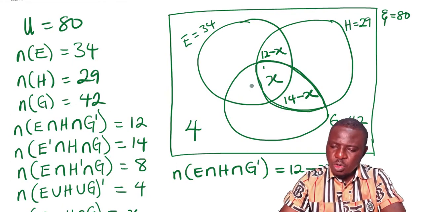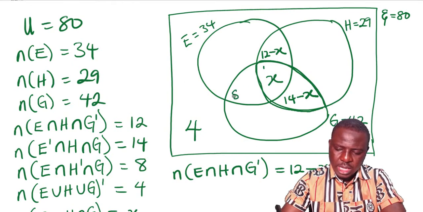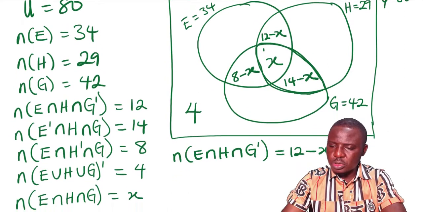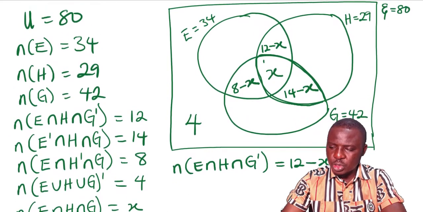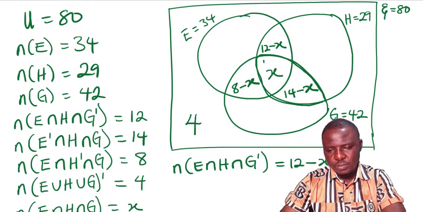So for us to get the number of students who offer only English and government, we'll have to subtract x from 8. So this becomes 8 minus x. Now we have gotten those regions. Next is to look for those who offer only English.